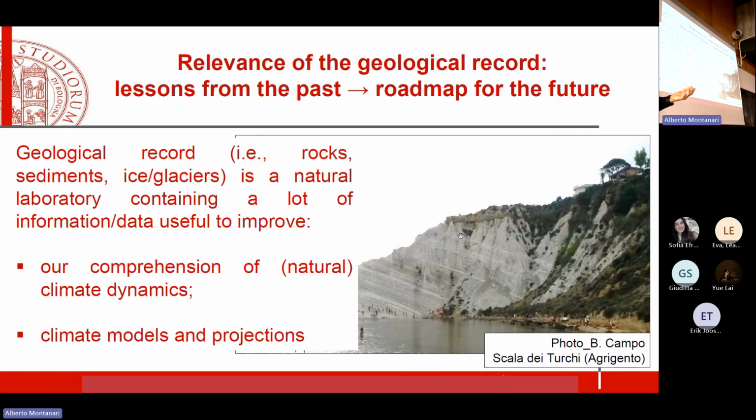Because you may say it's not really important, because if we suppose that what's occurring today is due to human influence, you may say that was not there in the past. So what is the purpose of comparing things that may have been caused by very different drivers? The purpose is that today we recognize that climate is a complex system, it's subjected to variability, which is also caused by natural behaviors.